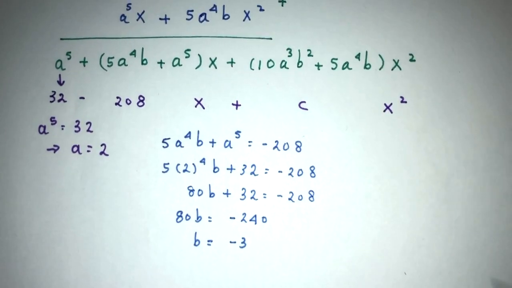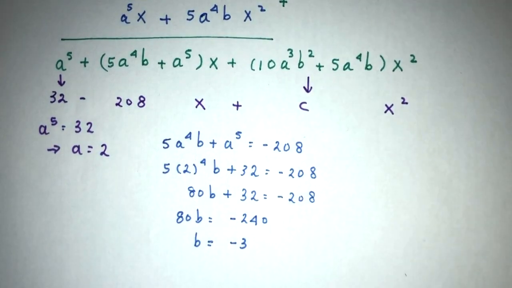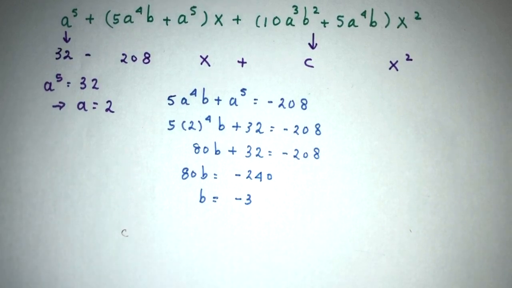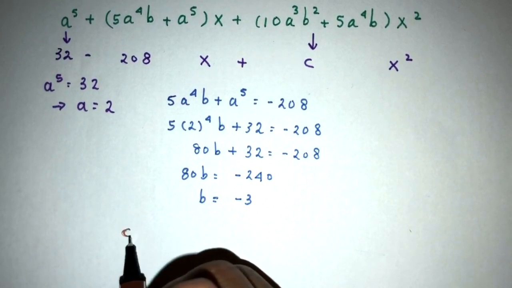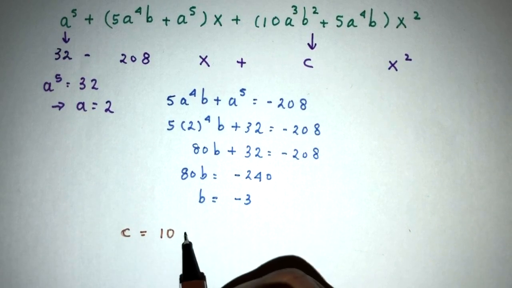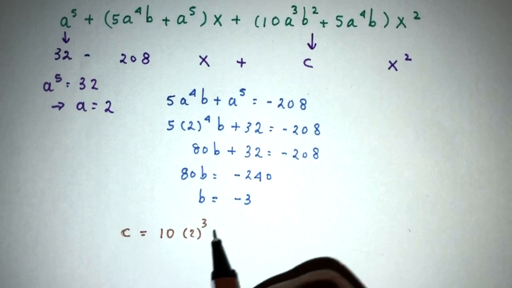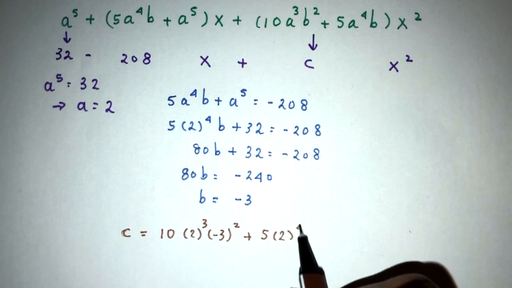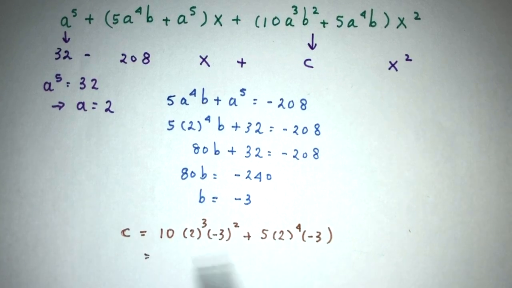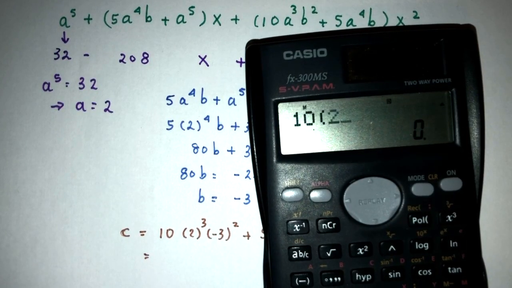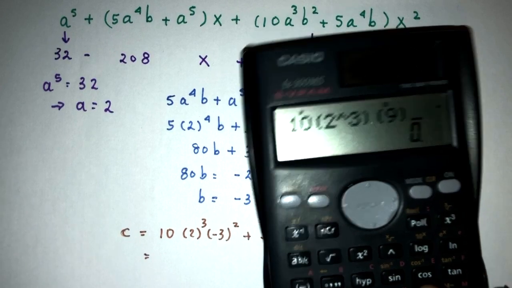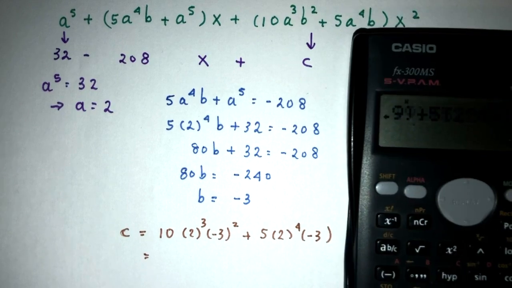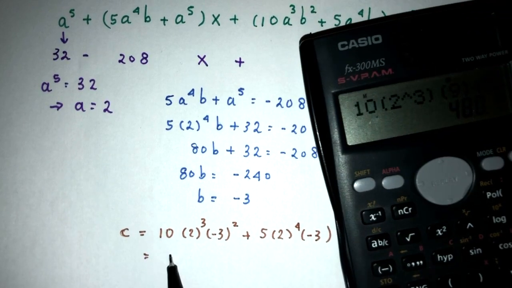Now finally, to find the value of c, we have to compare these two. Let's see what happens. So c is given by 10, a power 3 will be 2 power 3, b squared minus 3 squared, plus 5, a power 4, minus 3. So what do you have? 10, 2 power 3, 9, plus 5, 2 power 4 times minus 3. That should be 480.